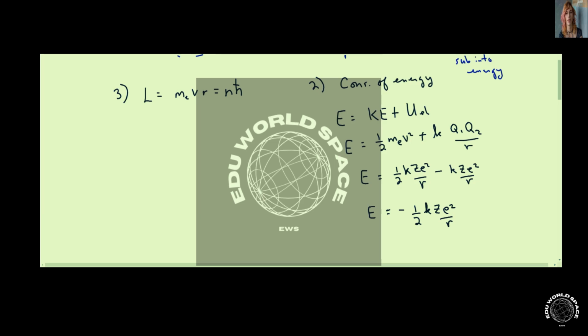Okay, now what we're after is an expression for the energy and an expression for the radius. And so what we'll have to do is basically get rid of the velocity. Actually, we just want the energy, thankfully. And the way we're going to remove the velocity is by using equations 1 and 3.